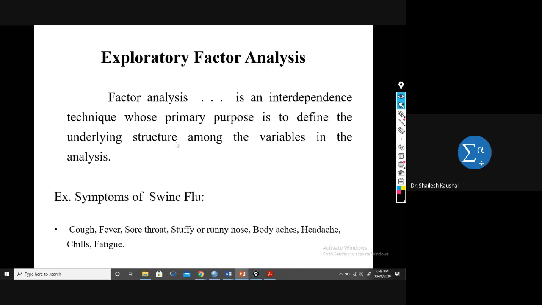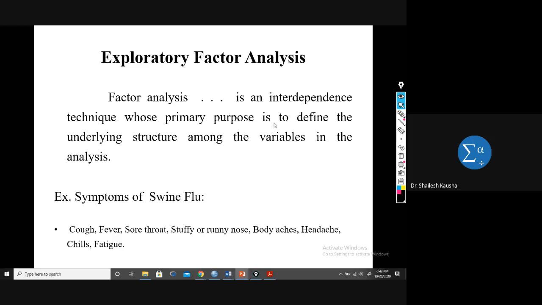On the basis of questions we summarize that these variables are telling about this particular factor. So factor analysis is an interdependence technique whose primary purpose is to define the underlying structure among the variables in the analysis, which cannot be directly seen.